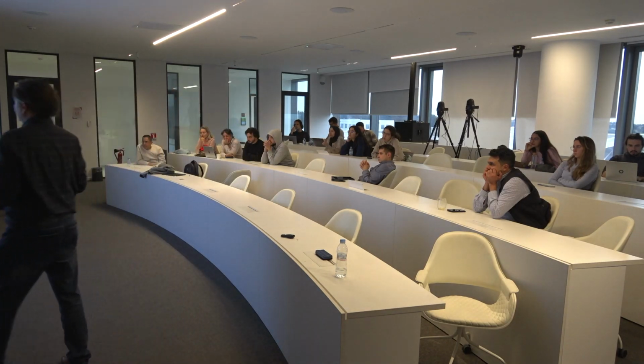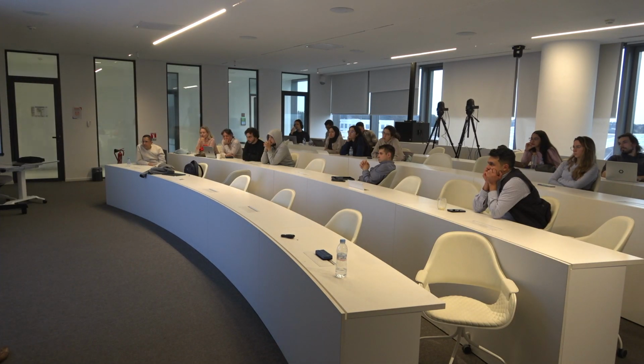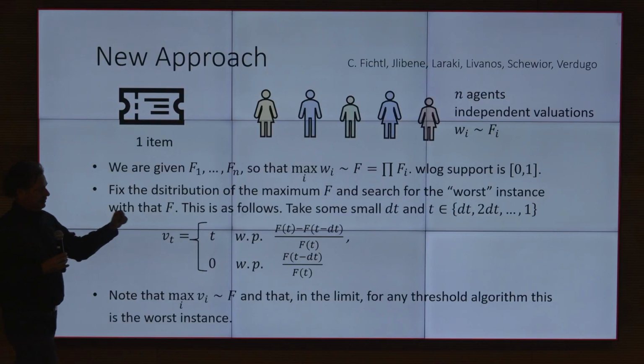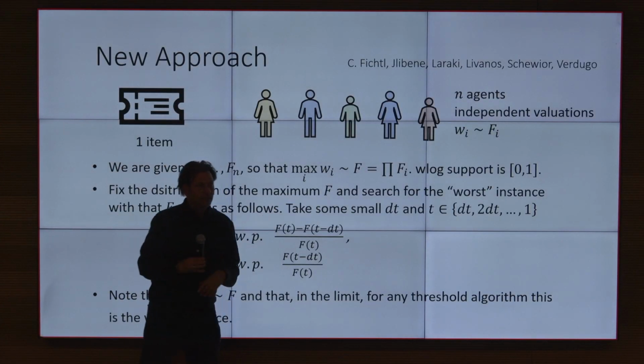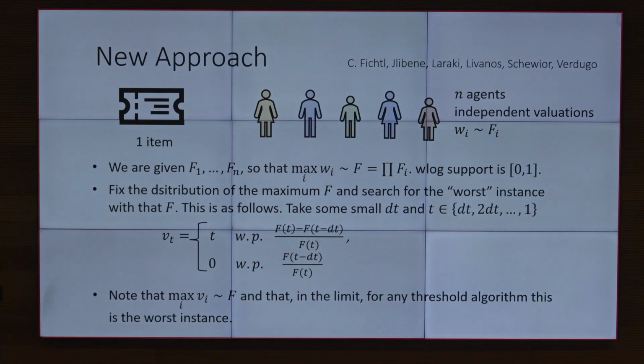So the key idea here is that we will fix a distribution of the maximum, and we'll look for the worst instance with that distribution of the maximum. The worst possible instance with that distribution of the maximum.